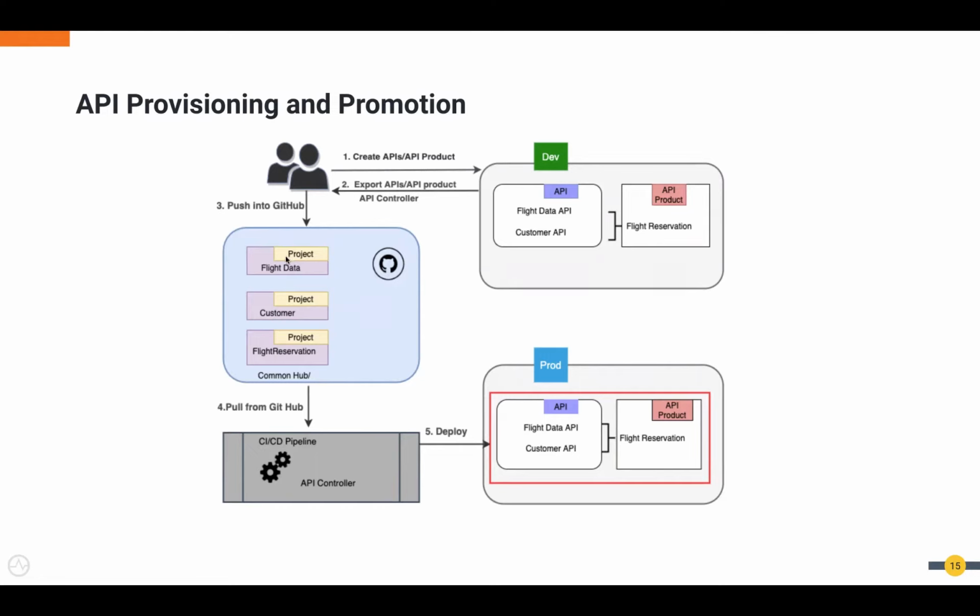After that, the CI/CD pipeline will test the API and API product from the GitHub repository and deploy to the production environment. Now I'm going to create a flight data API and customer API in the dev environment.